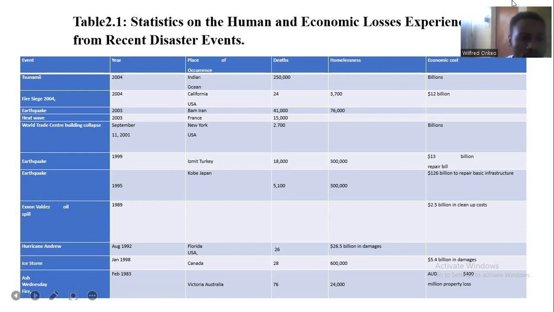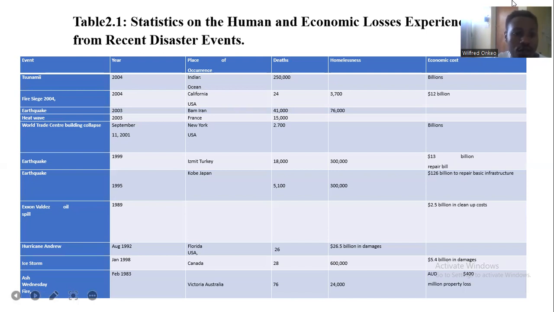Let's go to the tsunami: year 2004, Indian Ocean, 250,000 deaths, and the economic cost was in billions. The fire in 2004 in California, USA: 24 deaths, 3,700 left homeless, 12 billion. It cost a lot of money.